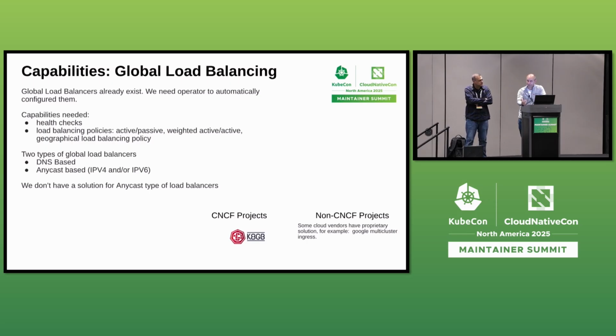Including if a disaster is happening. So what do we need from this load balancer and this operator? We need the ability to configure health checks so that we can know if the application is failing and we switch the traffic. And we need some sort of load balancing policies to describe whether the application needs to be active-passive or active-active with weights, or maybe some geographical type of reasoning, right?